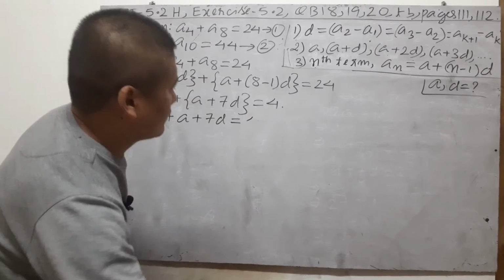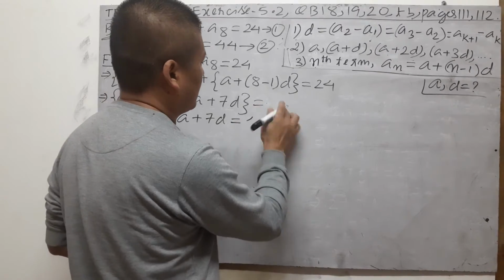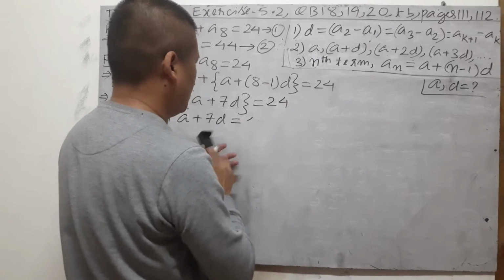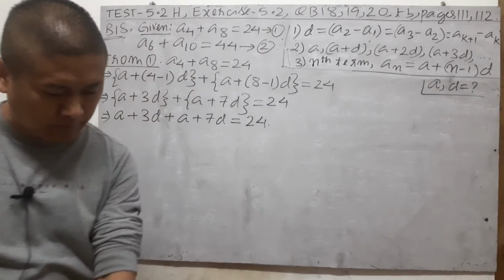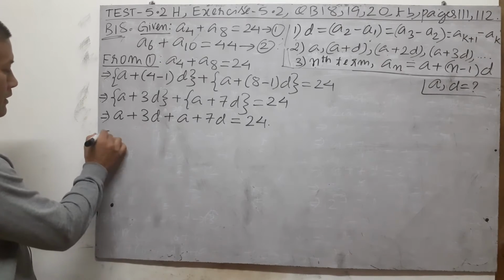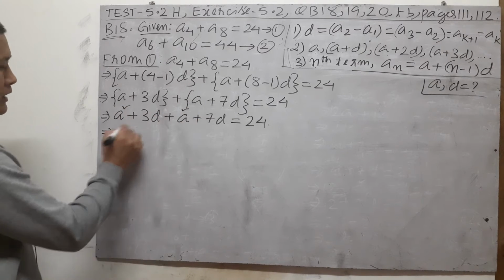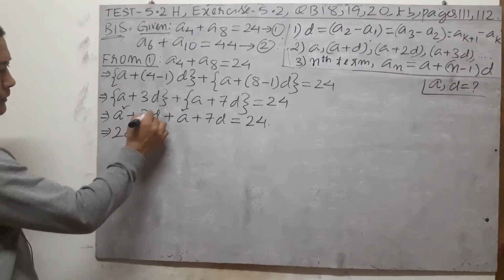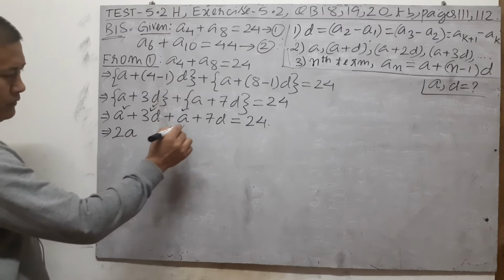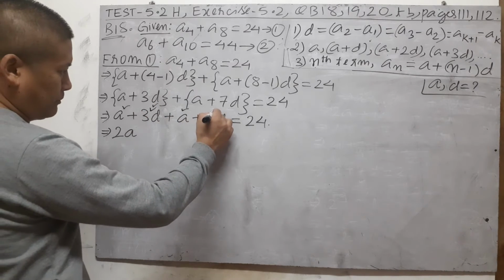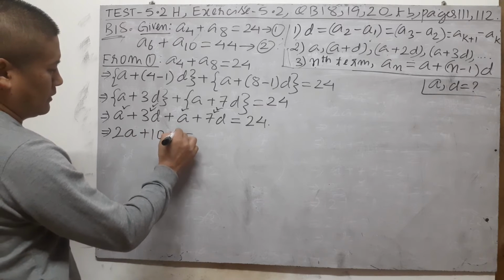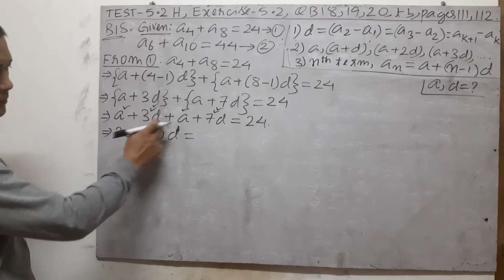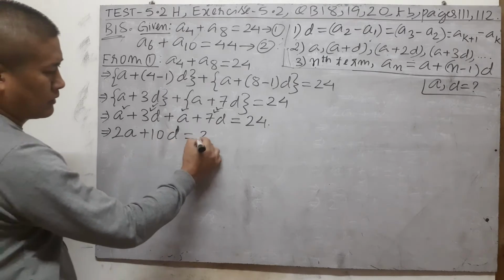So this is equal to 24. Then 1A plus 1A is 2A. Likewise plus 3D plus 7D is plus 10D, just like 3 mangoes plus 7 mangoes is 10 mangoes.